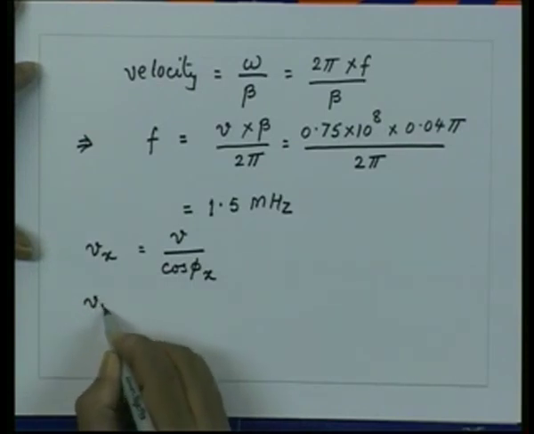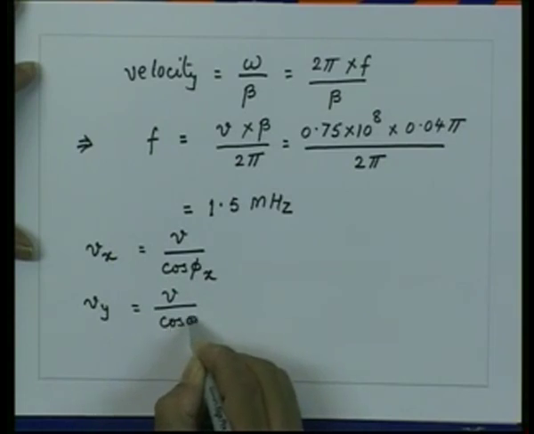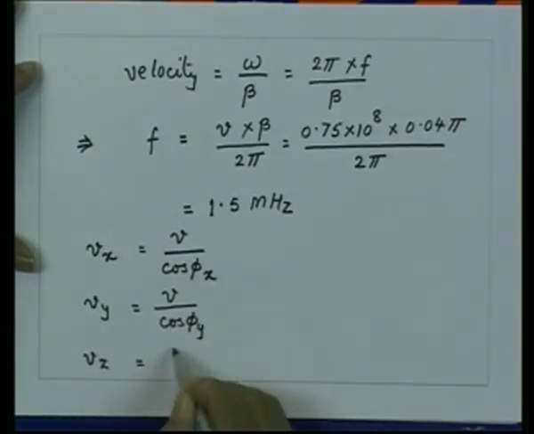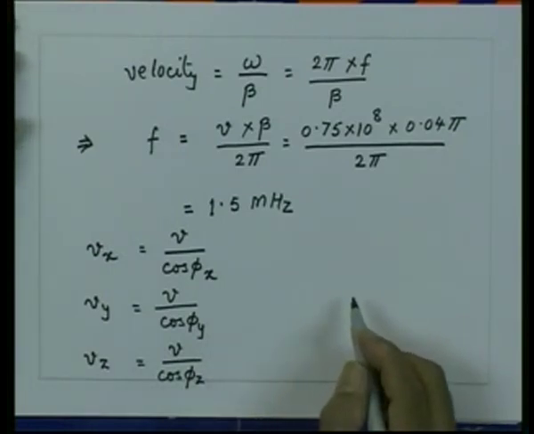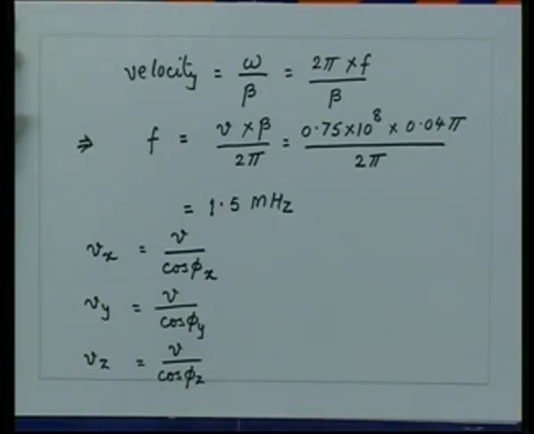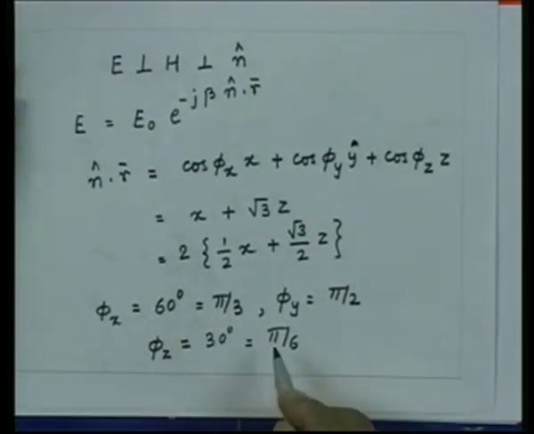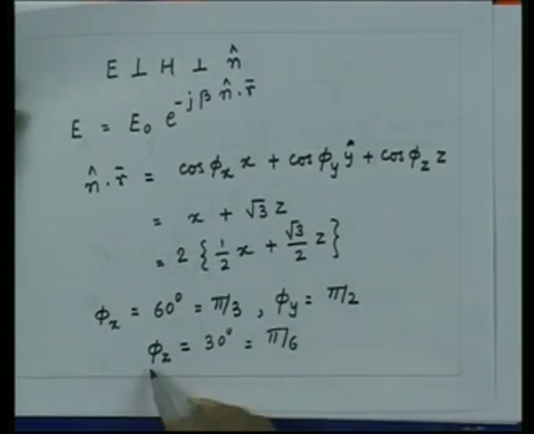The velocity along y direction is V divided by cos of phi y, and the velocity along z direction is V divided by cos of phi z. We have calculated phi x, phi y and phi z. The phi x is 60 degrees, phi y is pi by 2, 90 degrees, and phi z is 30 degrees.